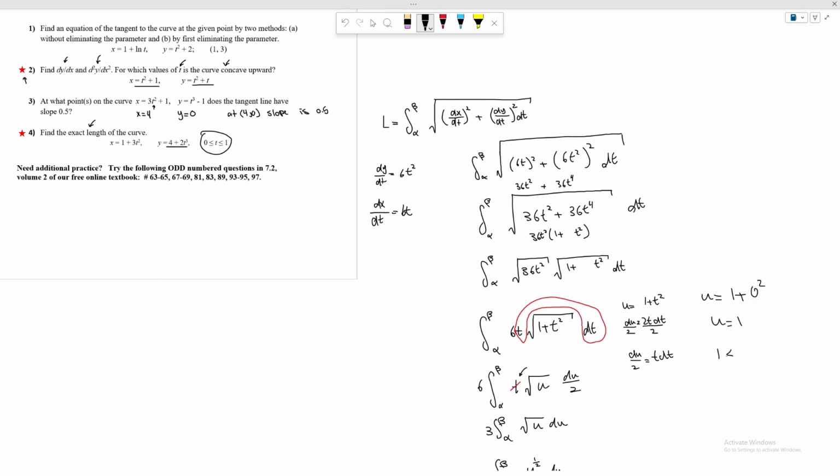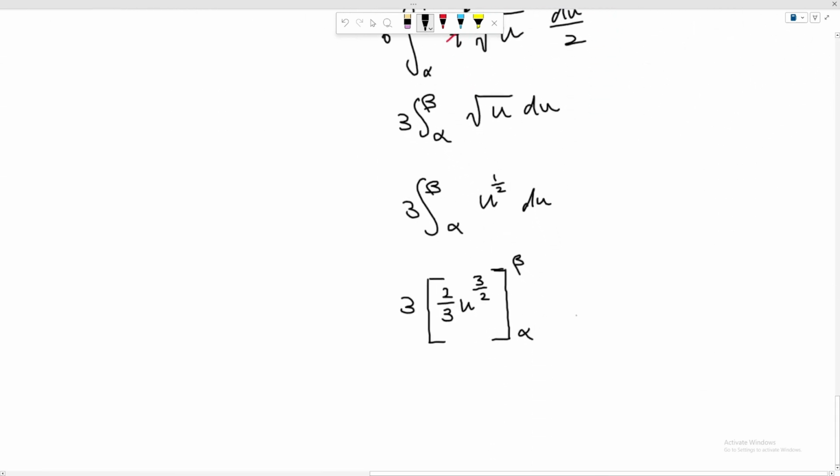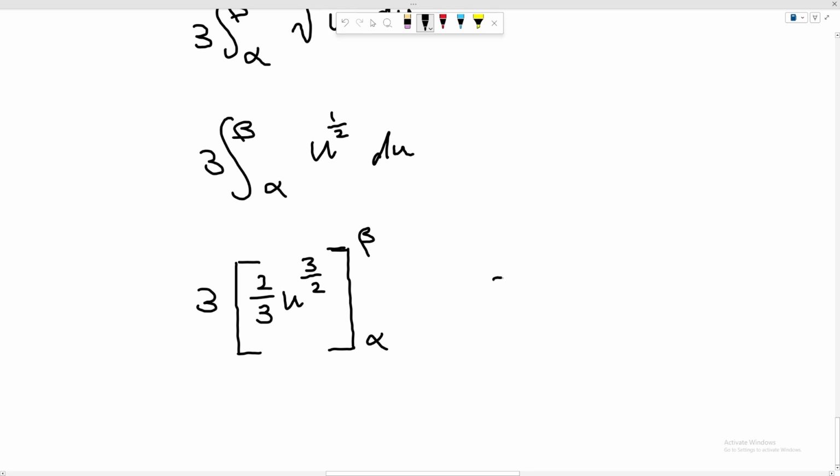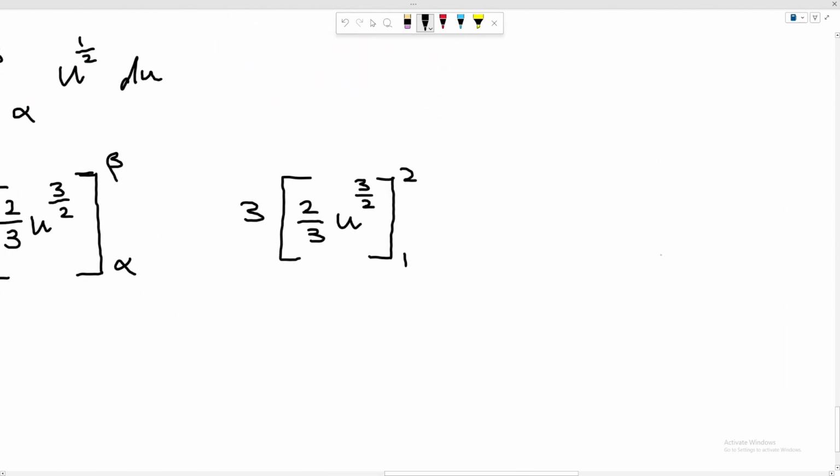And this is u less than or equal to, and then we have 1 squared plus 1 is 2. And these are our bounds. So now, if I resub this in here, this would be from 1 to 2. Yep, this would be from 1 to 2.